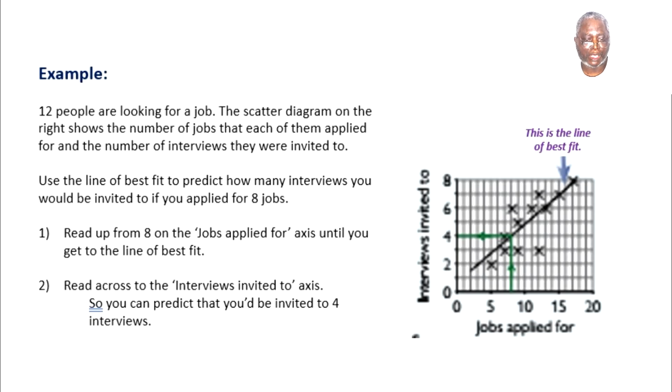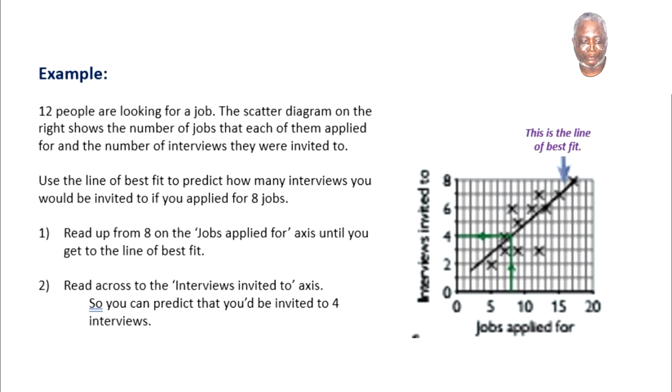12 people are looking for a job. The scatter diagram on the right shows the number of jobs that each of them applied for and the number of interviews they were invited to. Use the line of best fit to predict how many interviews you would be invited to if you applied for 8 jobs.